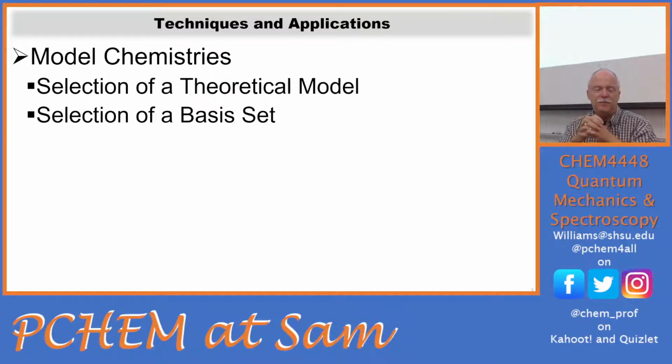Also, the selection of a basis set. This is the math, or let's say the functions that we give to the electrons in the molecule and the nuclei, but mostly the electrons. And the more freedom the electrons have, the more realistic the model, because the electrons don't know math. They haven't had calculus. They don't know they're supposed to stay in this p orbital function.